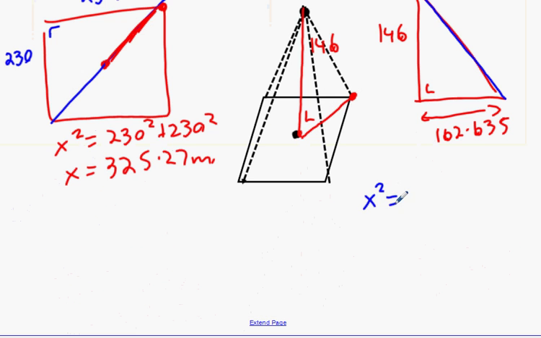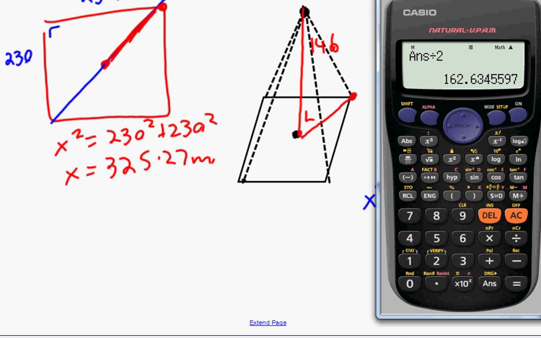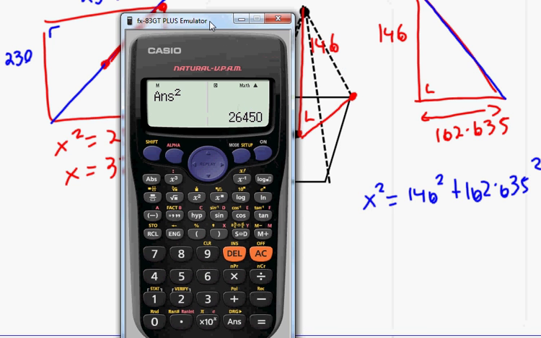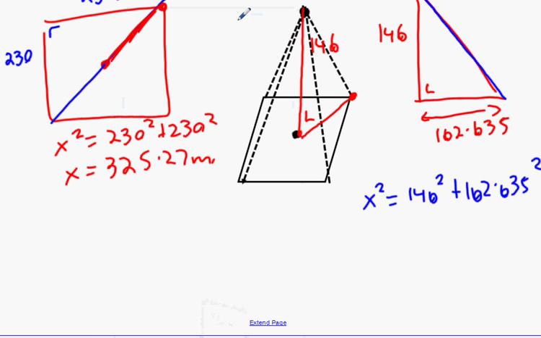X squared equals 146 squared plus 162.635 squared. I'll just square that with my answer, add that to 146 squared, root my answer. Same deal again, isn't it? 21855.4.